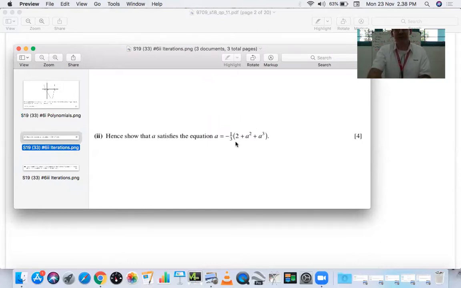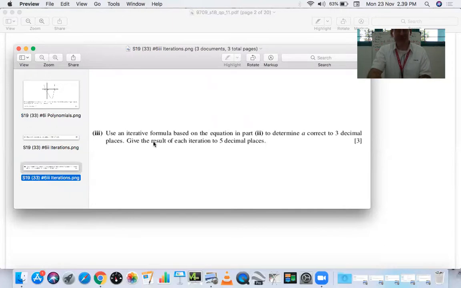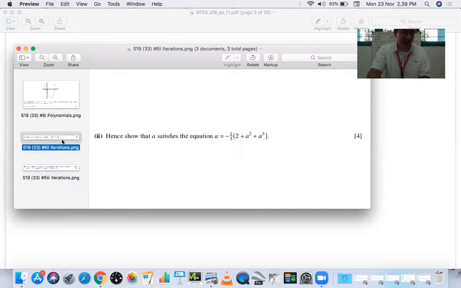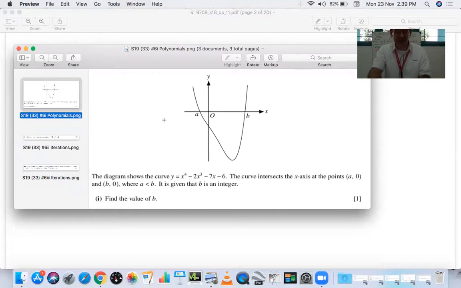You got to figure out how to fill in the middle and to show that you get this. And then here is the iterative formula. So this third one, iterative formula, is the same. The second one is a little different. It wasn't a decimal search. Instead, it's rearranging it. So they want you to rearrange it into this form. And the first one, again, was the correlation part.